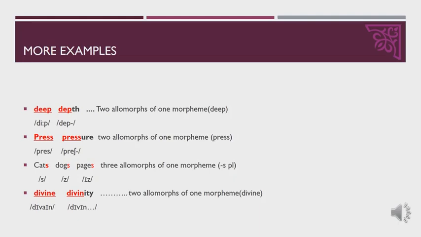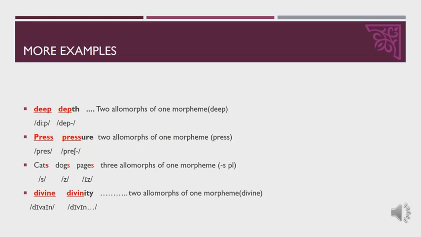These two different pronunciations are the two allomorphs of the same morpheme, deep and depth. We have depth because of the effect of the addition of the derivational suffix th with deep. It becomes depth.